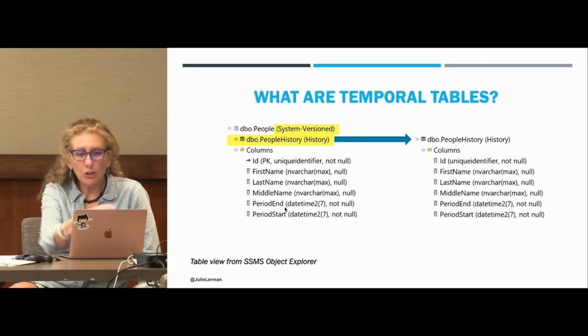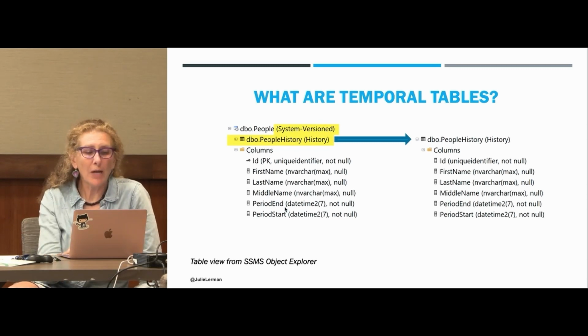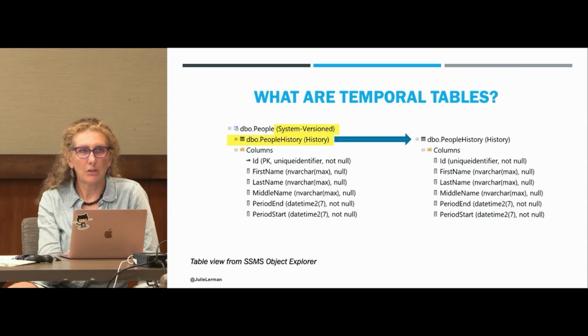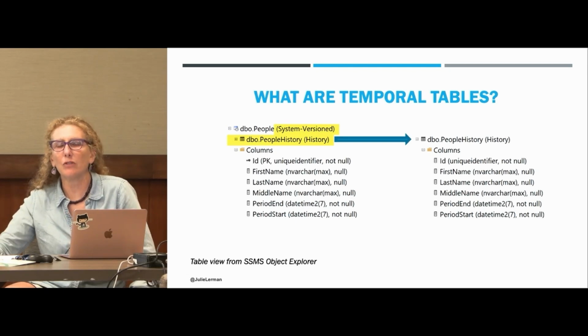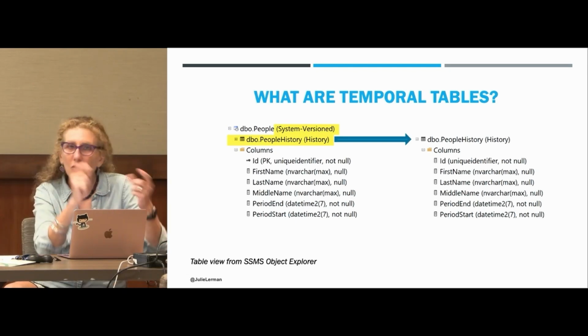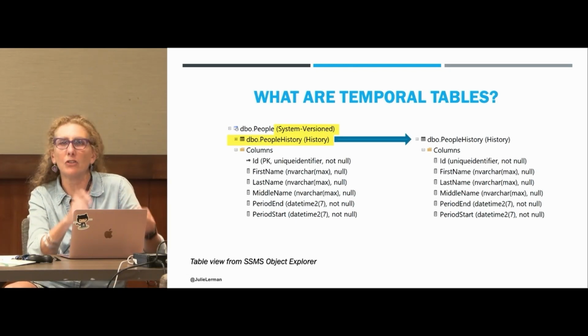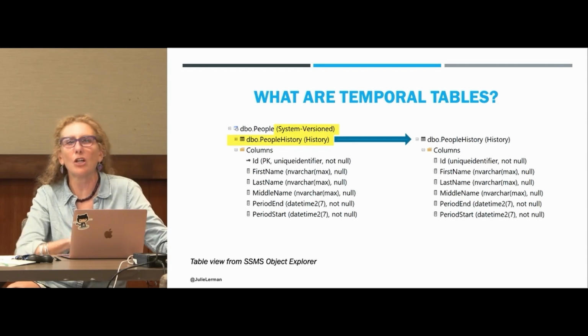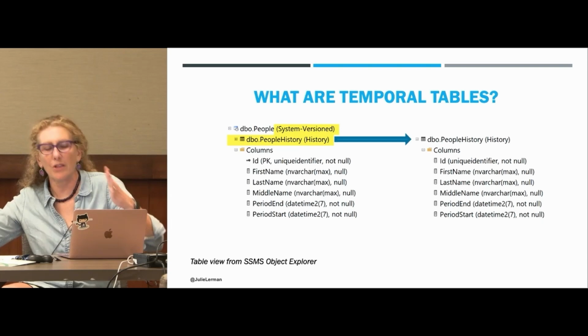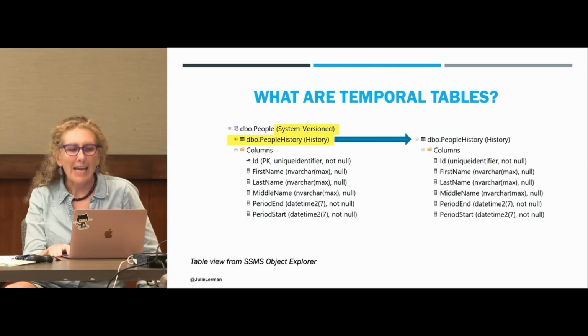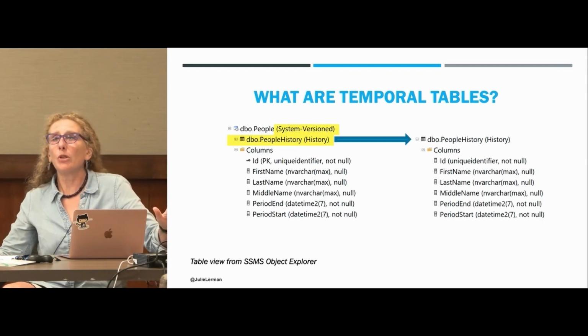If you're doing this manually in SQL Server, you have to create these columns, and, depending on what you name them, you have to let SQL Server know these are the tracking columns: this is the name of the one for the start, and this is the name of the one for the end time. And then you don't have to worry about anything else.